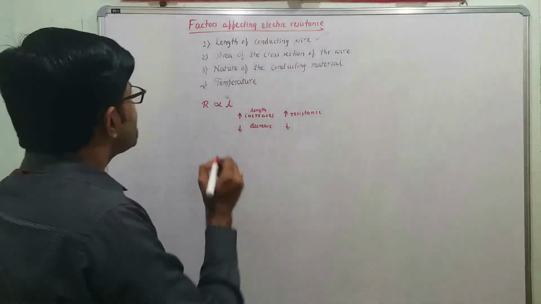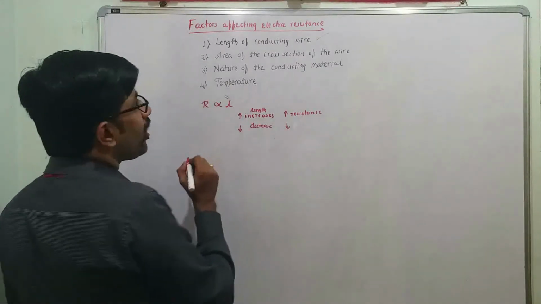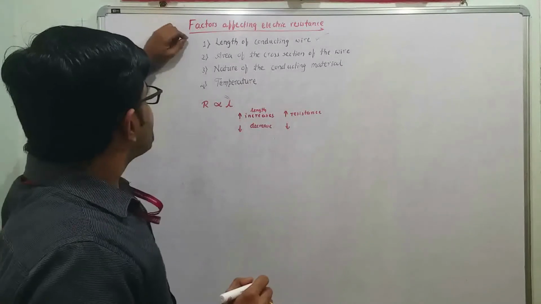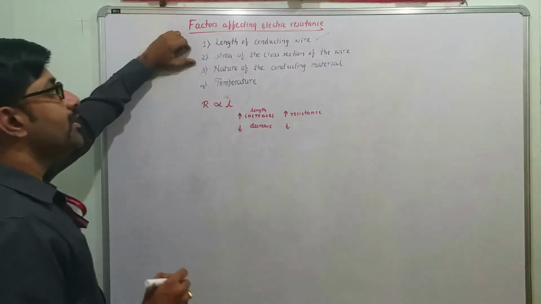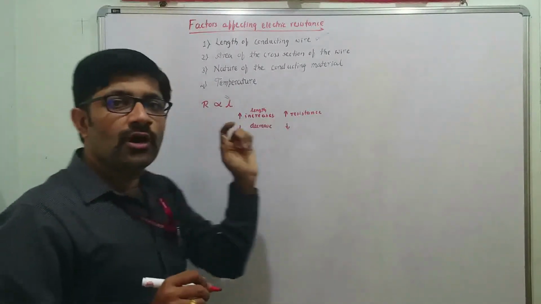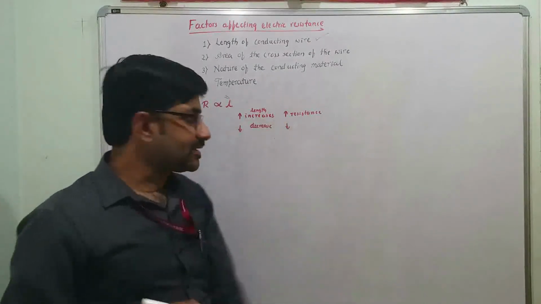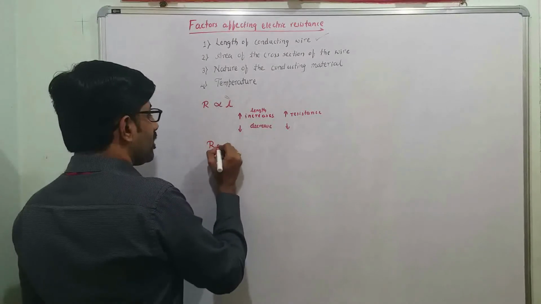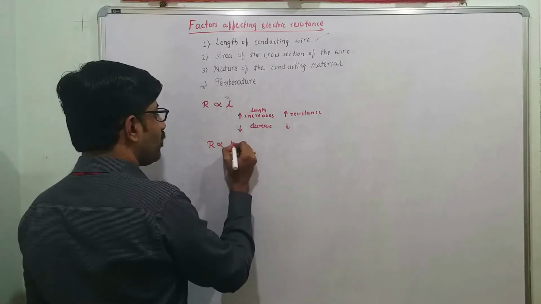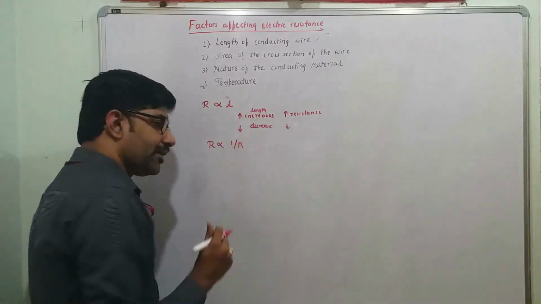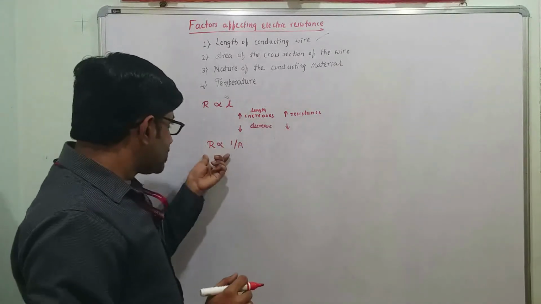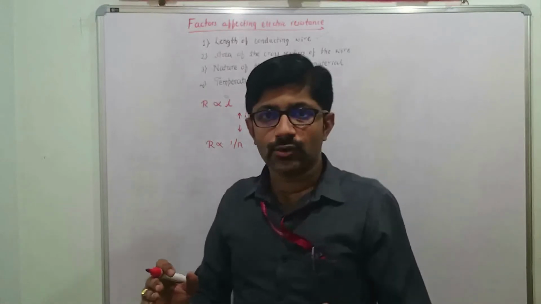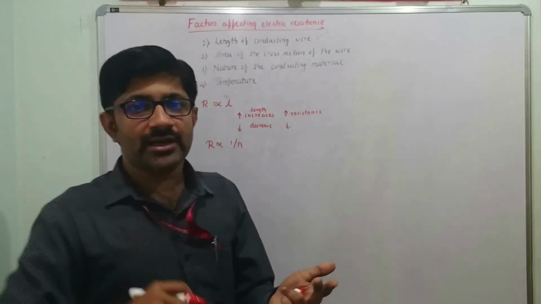Now, second part, that is the area of cross section of the wire. Just like length, area of the cross section of the wire is also affecting the electric resistance, but this is in inverse relation, 1 by A. If the resistance and area are related inversely, one is increasing means the other one is decreasing.